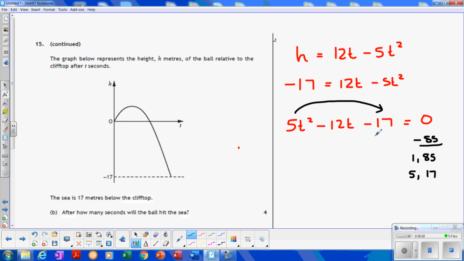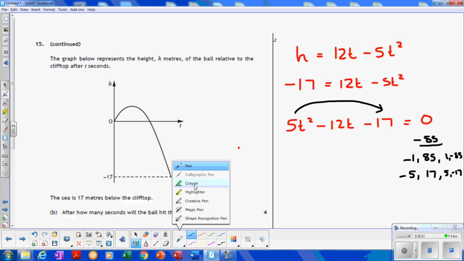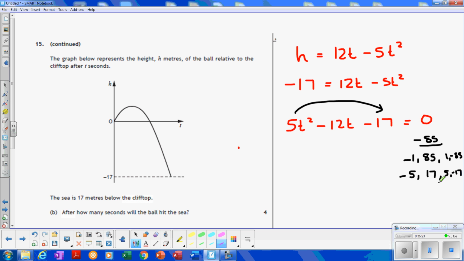Now it is minus, so one factor is negative and one factor is positive. So I've either got minus 1 and 85 or 1 and minus 85 is the pair that goes with that one. And the pair that goes with this one is 5 and minus 17. Now we're looking for minus 12 as the sum of our factors. So 5 and minus 17 gives me minus 12.